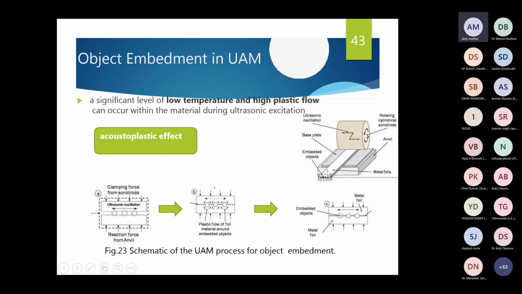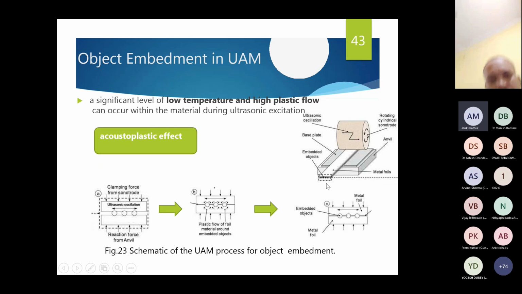Means we can have 2-3 layers, and that is embedded one over the other. The acoustoplastic effect takes place, and due to this, the objects are embedded in between. So this is the schematic of the ultrasonic additive manufacturing process for object embedment. Means we can embed a different object in the material.